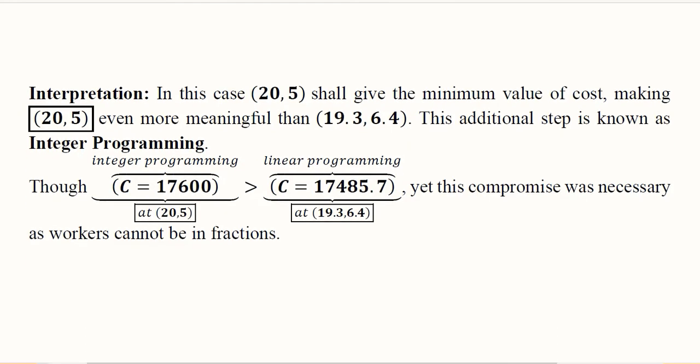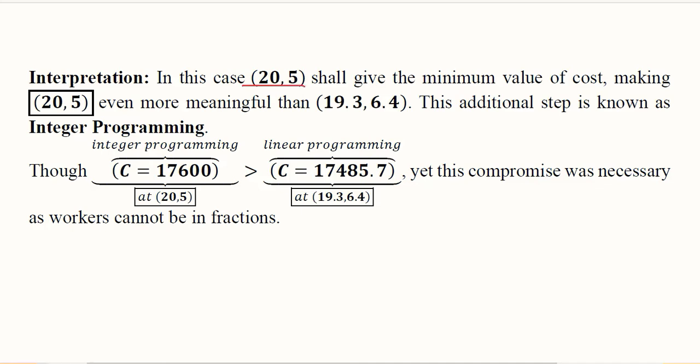Here the interpretation is that if we use this, we will get a more meaningful result as compared to these two values that were found to be critical. However, they were not meaningful from the real life and economic point of view. So integer programming was resorted to instead of these fractions.